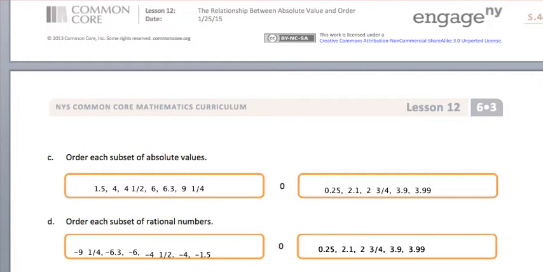And once we've put each of those sets in order, we can first of all see very clearly that for the negative rational numbers, the order of their absolute values and the order of their actual values are opposite. But for the positive rational numbers, the orders of their absolute values and their regular order are exactly the same.